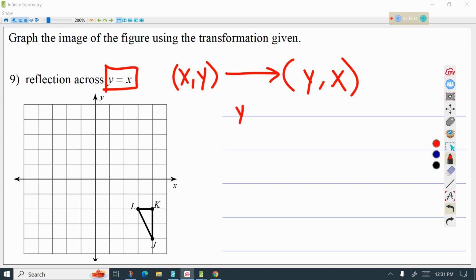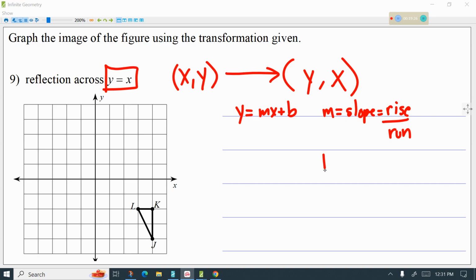Well, you might remember I taught you guys how to graph y equals mx plus b, and we knew that the m was the slope, and we broke that down into rise over run, yeah? Okay? And then we saw that the b was what's called the y-intercept. And so that was a point where our line that we're graphing would cross the y-axis, right?